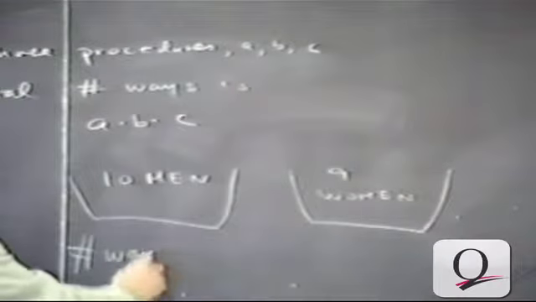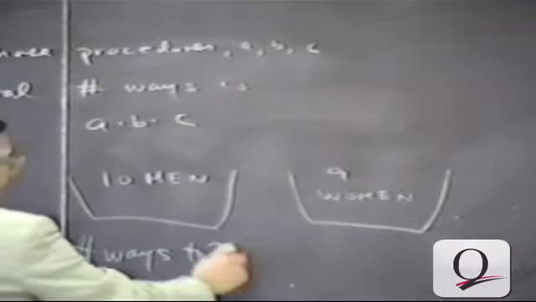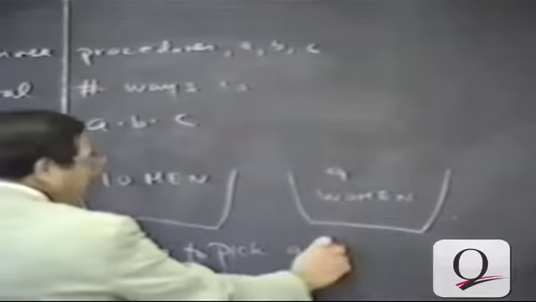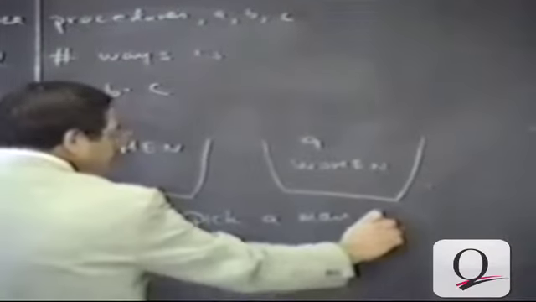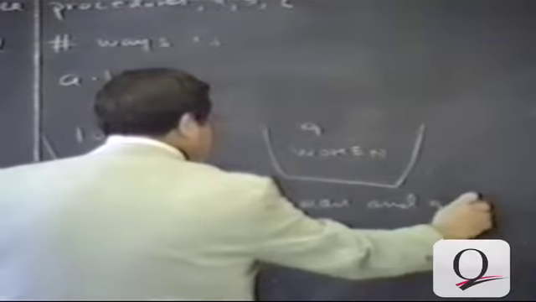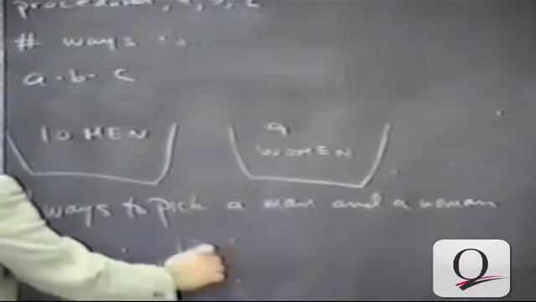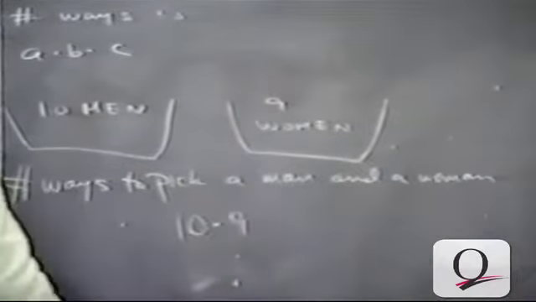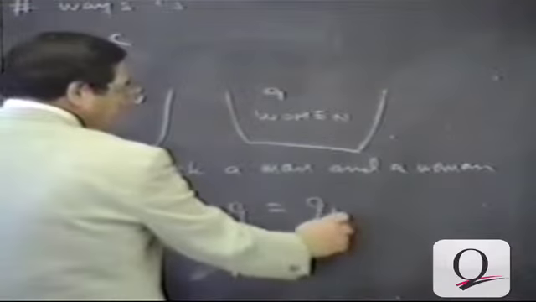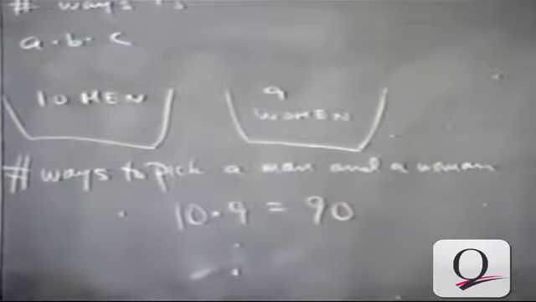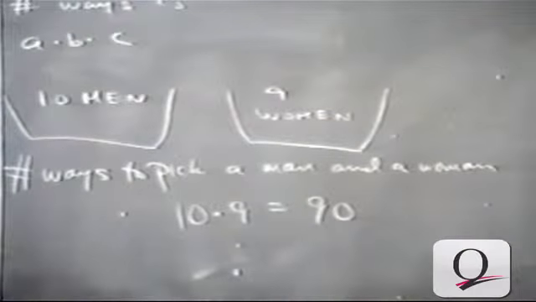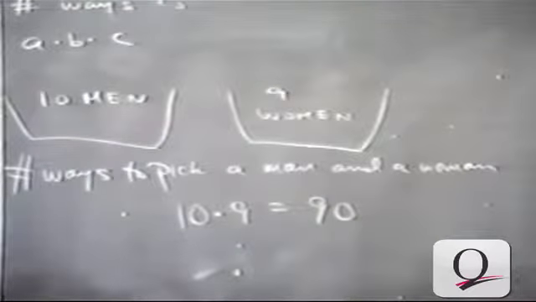Number of ways to pick a man and a woman would be 10 times 9, which is 90, because you have 10 choices for the first and 9 choices for the second, so the product of these two is 90.